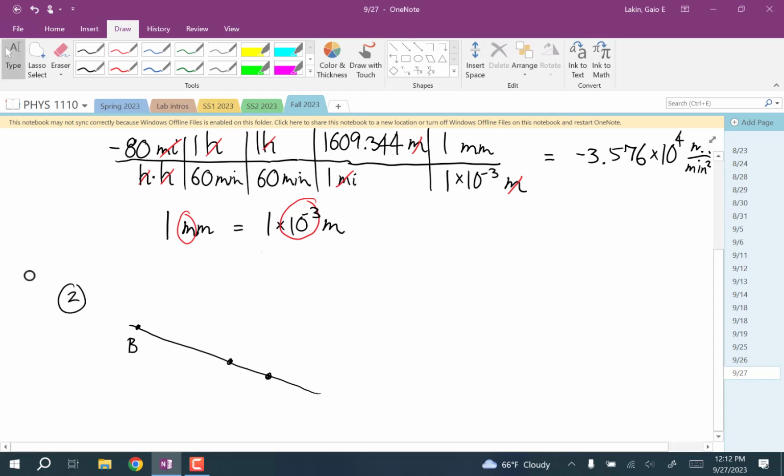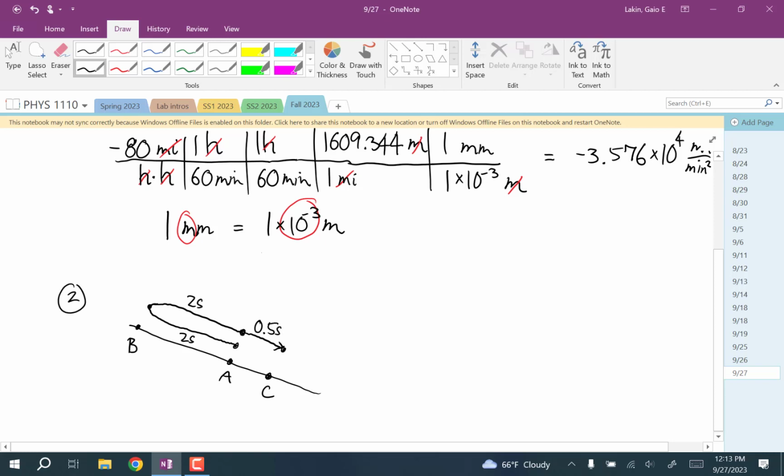So there's the point B, the point A, and the point C. And this thing starts at A, takes 2 seconds to get to B, then comes back down, gets back to A in 2 more seconds, and then takes half a second to get to C. So this is 2 seconds, this is 2 more seconds, this is half a second.